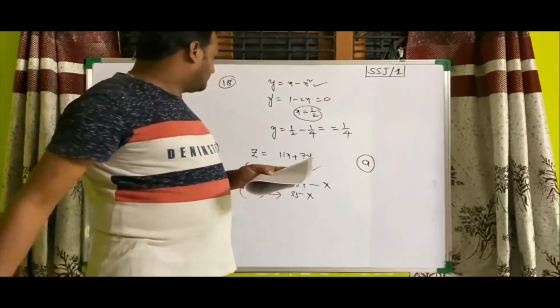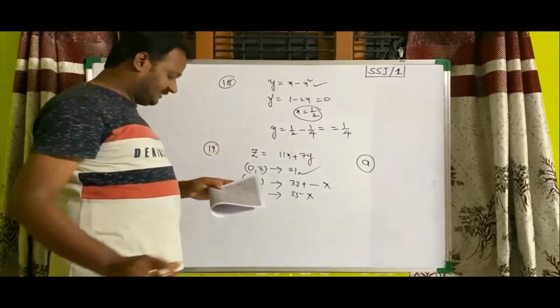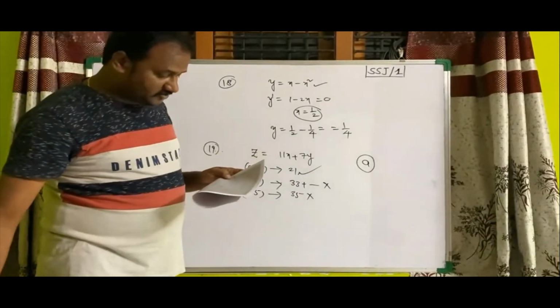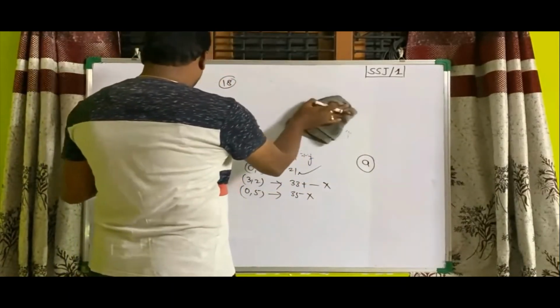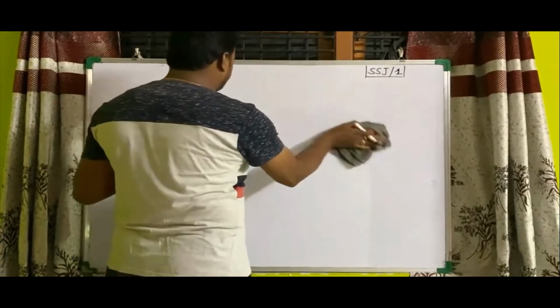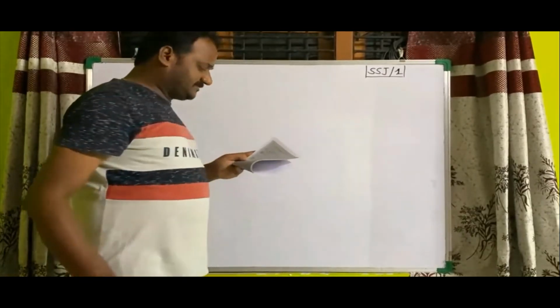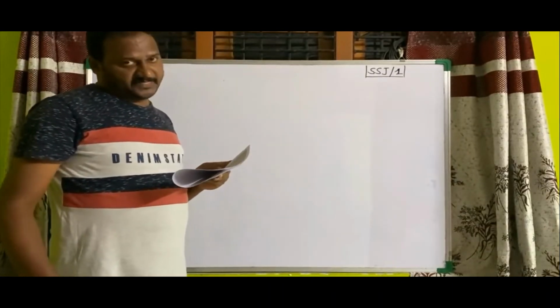And coming to the 20th problem. This is the 19th problem, right? So this is 19, and then we'll be moving on to the 20th problem. I think this 20th problem is self-explanatory. The number of solutions of the system of inequalities x plus 2y less than or equal to 3. See, x plus 2y less than or equal to 3 means there is no negative value for the constant.